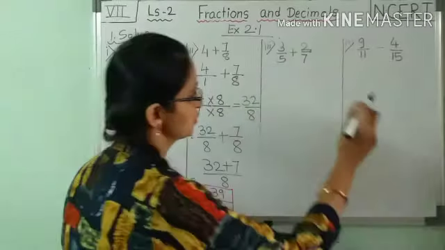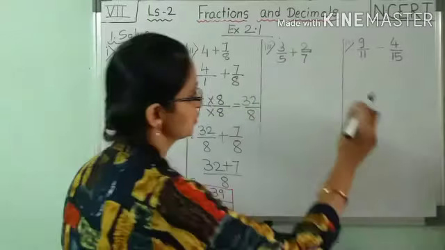Now 5 ones are 5. Here 7 as it is. And 7 ones are 7. So what is the LCM? The LCM is 5 into 7, that is 35. This is how I calculate the LCM.